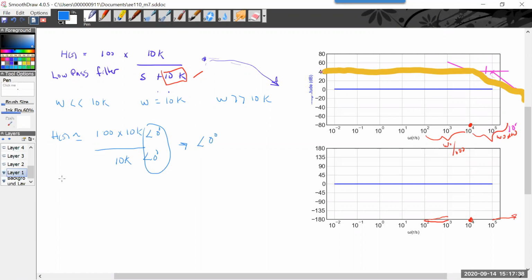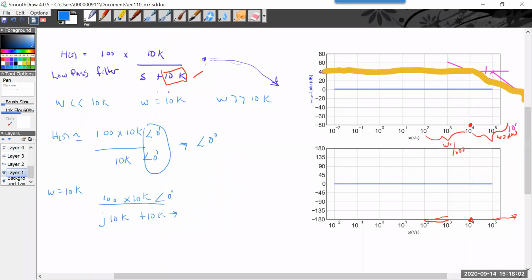Right. When omega equals 10K, H(s) becomes, and here we have j10K plus 10K. This is all real. It doesn't change with frequency. That's still 0 degrees.